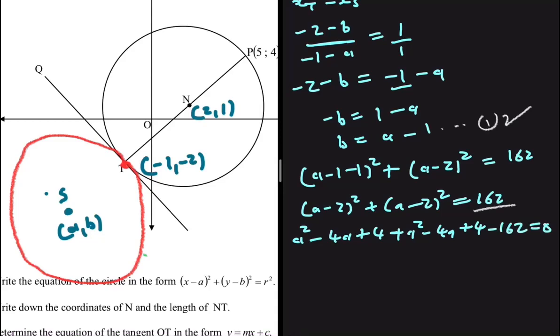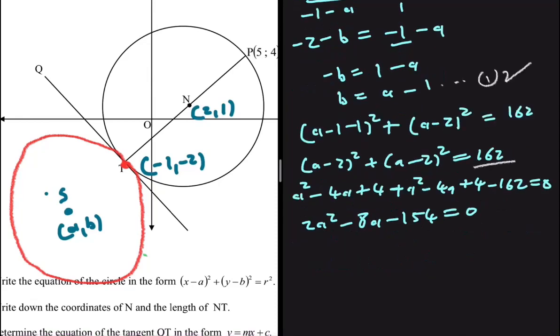So we're going to get 2a squared minus 8a minus 154 is equal to 0. We take 2 as a common factor and get a squared minus 4a minus 77 is equal to 0. So now it's just a matter of factorizing this.